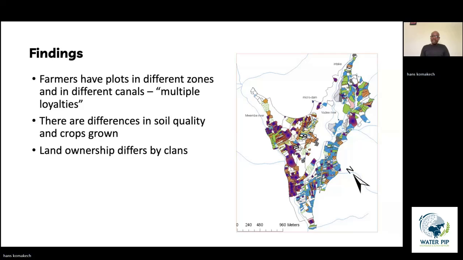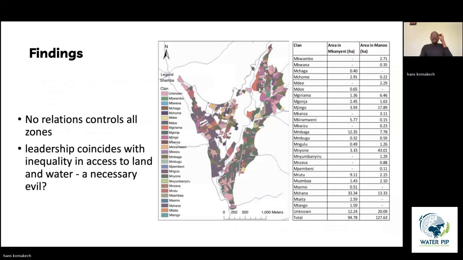So another layer which is important here is when you look at it in terms of land ownership and by kin relations, you see that different clans have land ownership in different places. You may not be able to read all of it, but I will highlight one aspect which I think is important to illustrate this point.